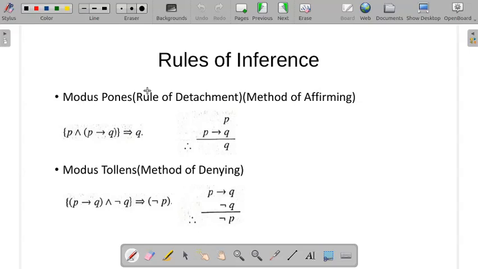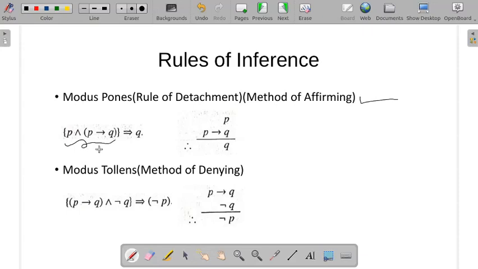The next rule of inference is modus ponens. The other name is the rule of detachment, or the rule of affirming. Modus ponens is the standard name, and rule of detachment and method of affirming both relate to modus ponens. How does it work?